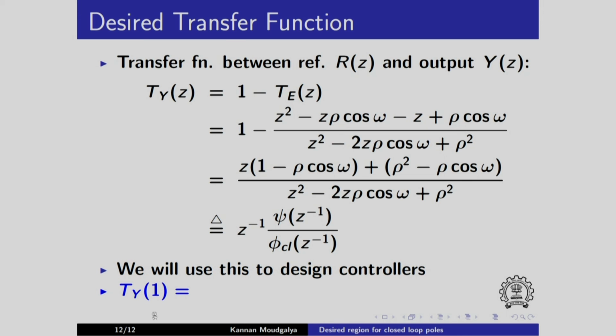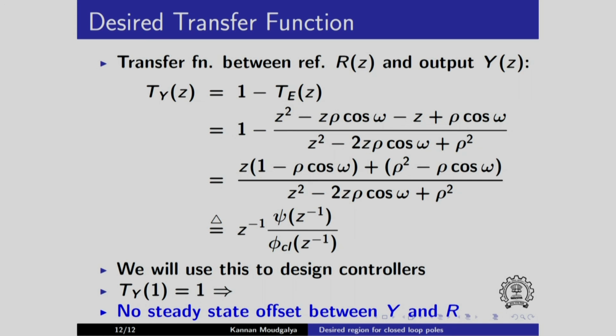One can verify that T_y of 1, that is, substitute Z equals 1 over here, is equal to 1. As a result, we see that there is no steady state offset between Y and R. We will use the closed loop characteristic polynomial to design the controller.